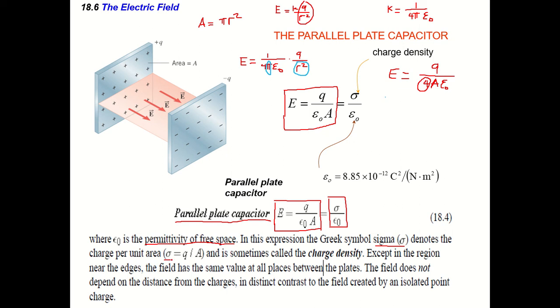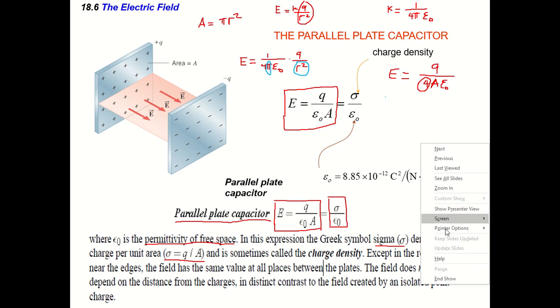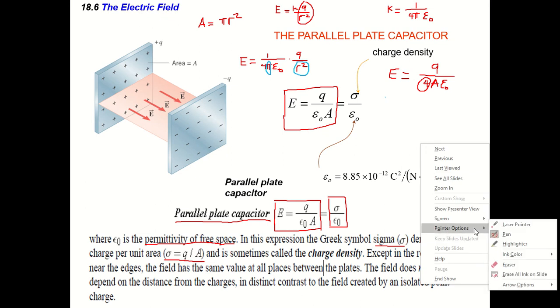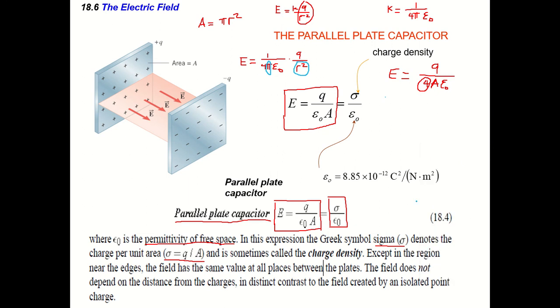In other words, sigma is just Q over A, the ratio of Q and A. So Q divided by A is just equal to sigma. This is what is meant by this statement, and it is sometimes called the charge density. Just remember the term, class. This is called the charge density.